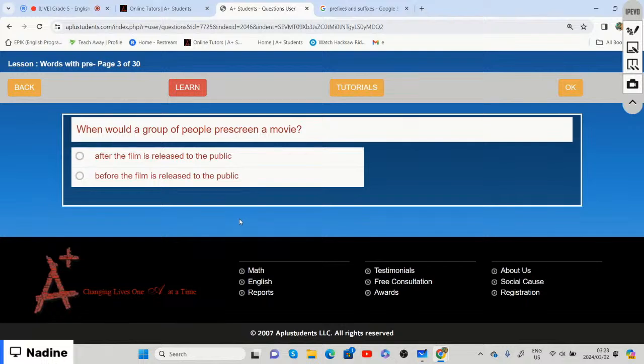When would a group of people pre-screen a movie? Pre-screen.